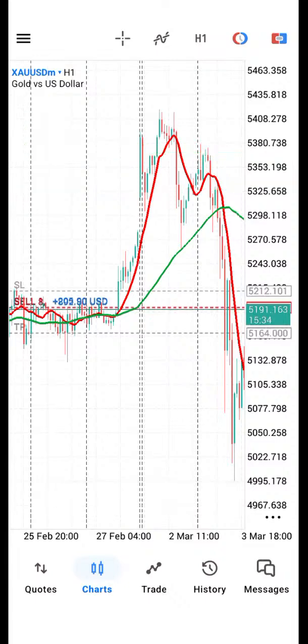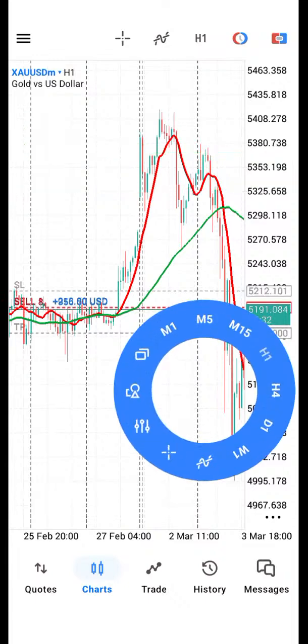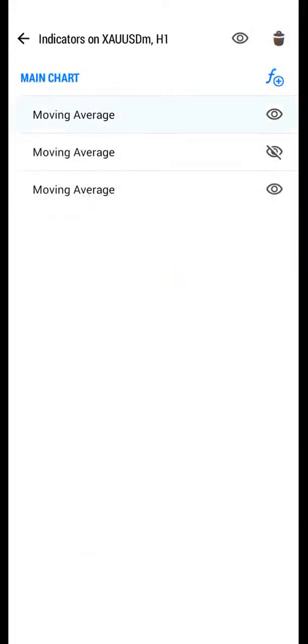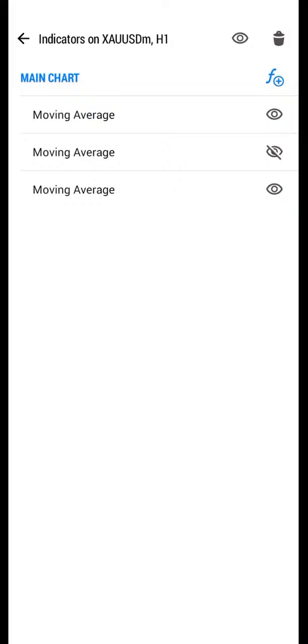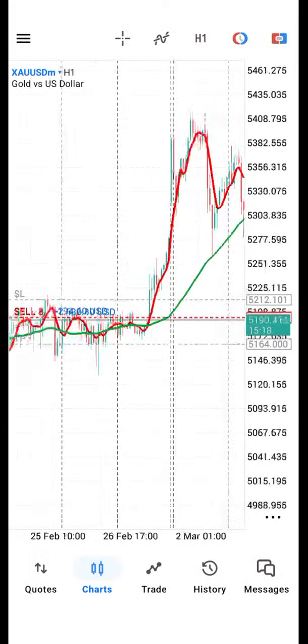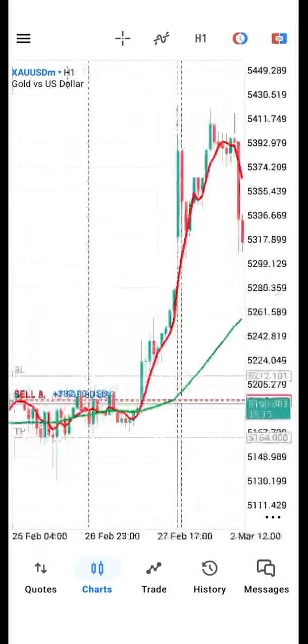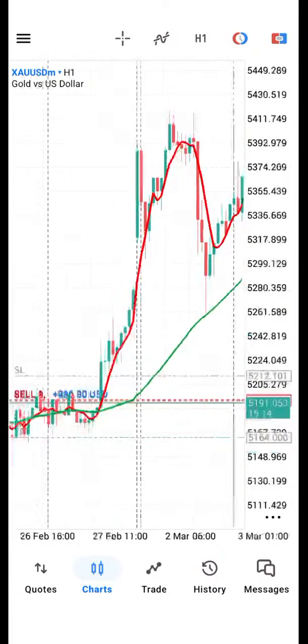Yeah. I think I need to change because of this thing. I need to decrease my EMA setting. I want to narrow it so that I'll do 5 instead. So I want to make it tighter so that I'll not lose money.